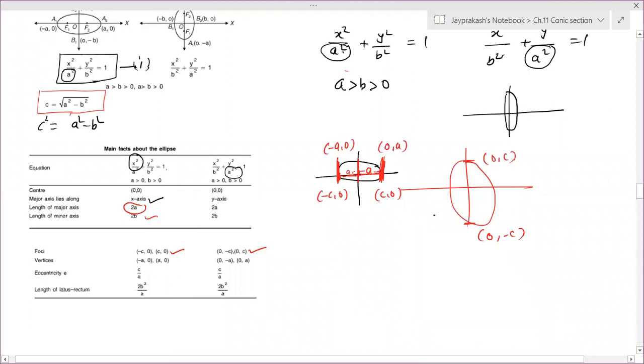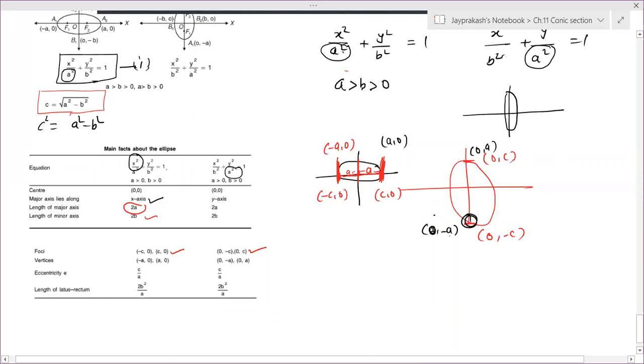And in the same way, if you want to write for the y-axis, then it becomes, so there is a mistake in this point, this side it's 0 comma a, and for this point it is 0 comma minus a.